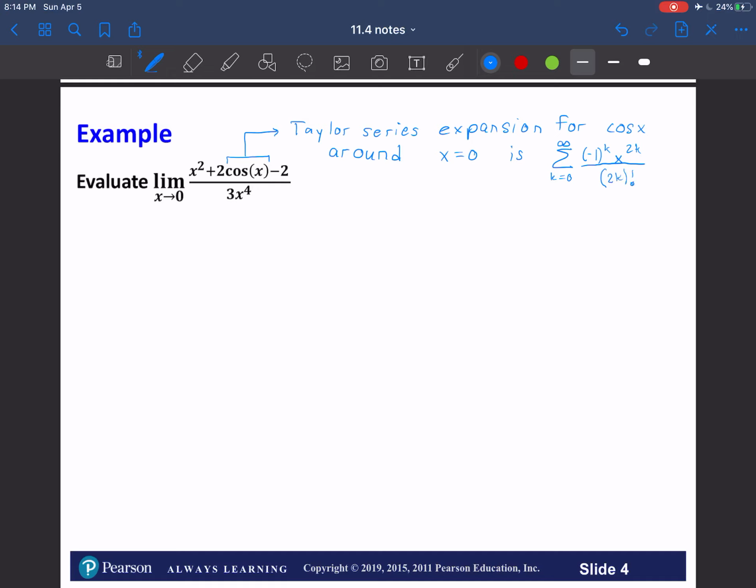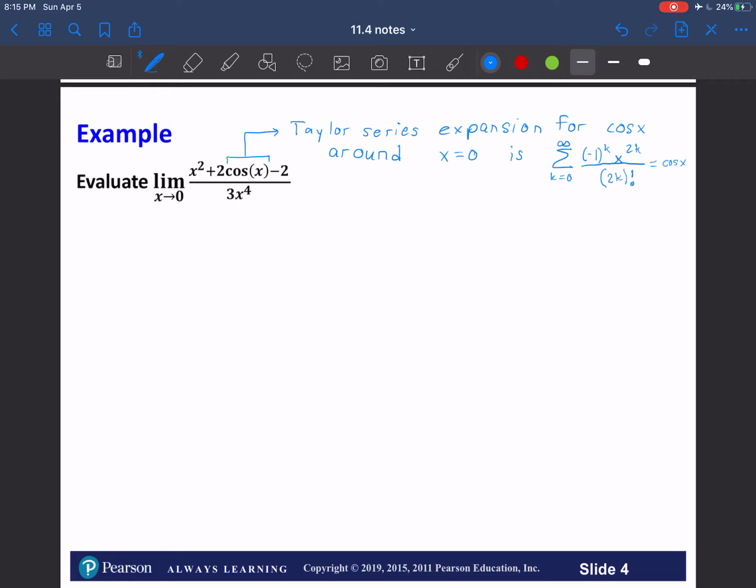That is the Taylor series expansion for cosine of x. Specifically, we know that this thing is equal to cosine of x because in the last section we showed that the remainder approaches 0 as n gets closer and closer to infinity.